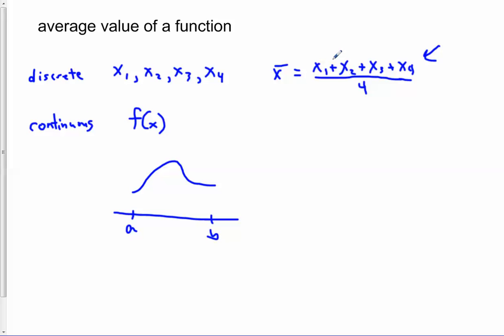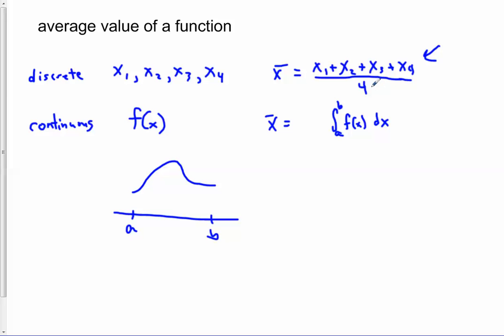The continuous version of adding up a bunch of numbers, I think you would know, is integrating. An integral is adding up all these values. So the integral of f of x dx from a to b, that's the analogous thing to adding up all its values. You integrate up all its values.